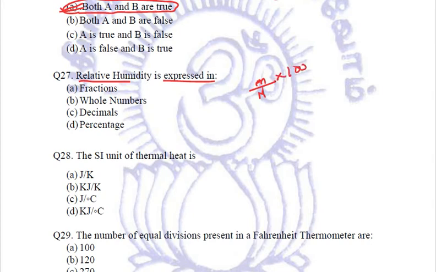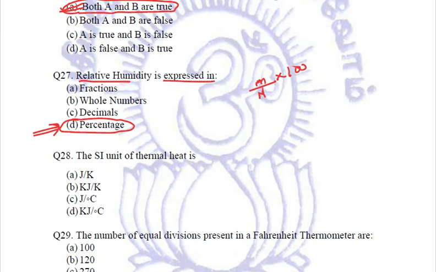This is what relative humidity is, and we have learnt. I especially told you that relative humidity is always expressed in percentage. It is not in fractions or whole numbers or decimals. It is always expressed in percentage. So D, percentage, is the right answer to question number 27.